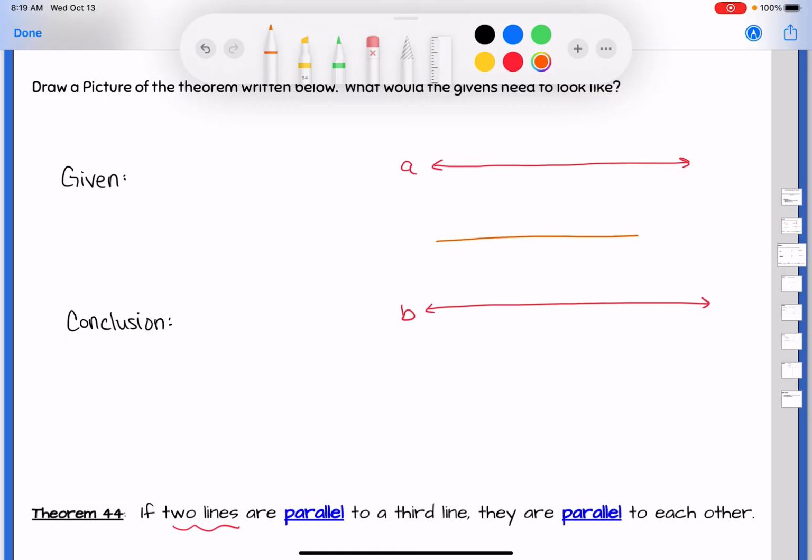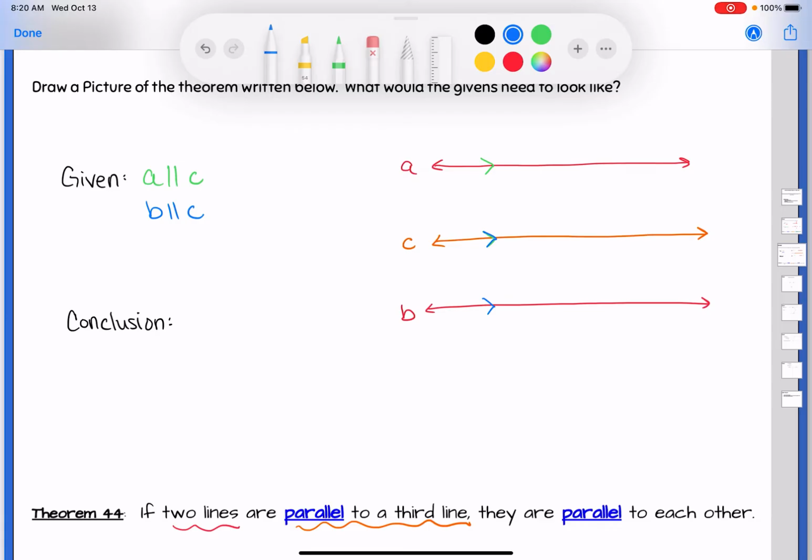Here's line C. Two lines parallel to a third line. So I know that A is parallel to C, and I know that B is parallel to C. Each one of those two original lines is parallel to the third line.